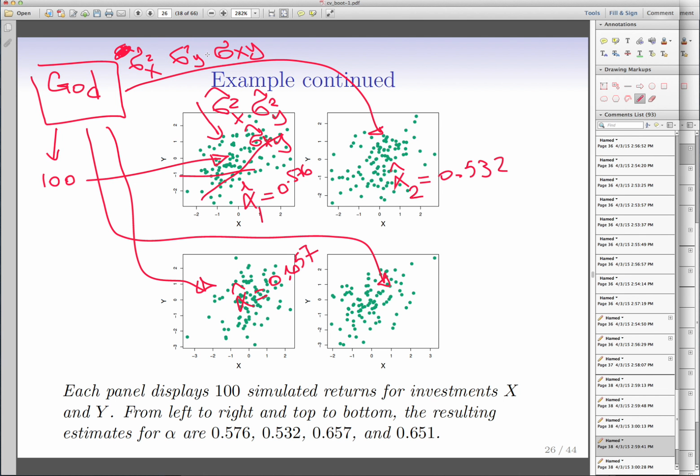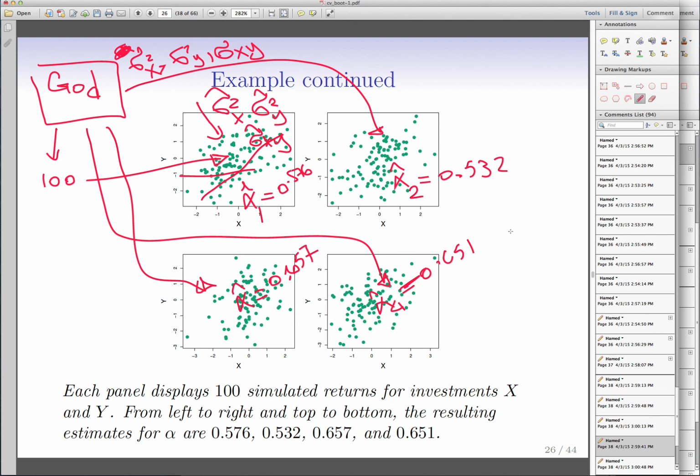That's God. He knows that because he's God, or she's God, depending on how you want to refer to God. So the last time, we create new fresh 100 samples for you, and you estimated alpha hat 4 as 0.651.